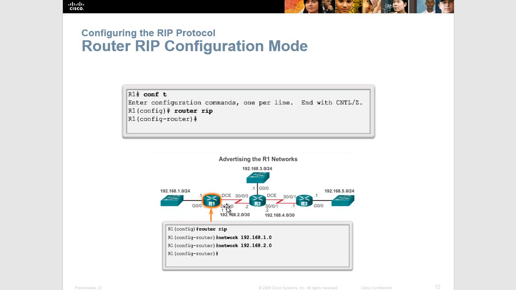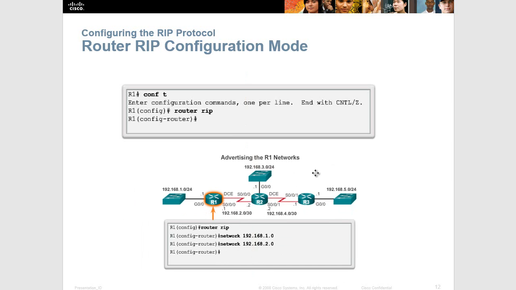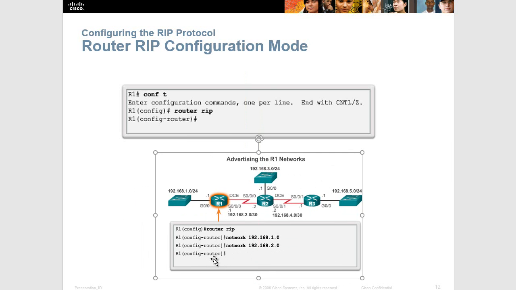On the opposite end, you've got S0/0/0 connected to this 192.168.2.0 network. Since that's a match also, this network will be advertised. So this command alone does not mean you're advertising this network. You have to have this command and an interface that is connected to the network that is entered with this command.